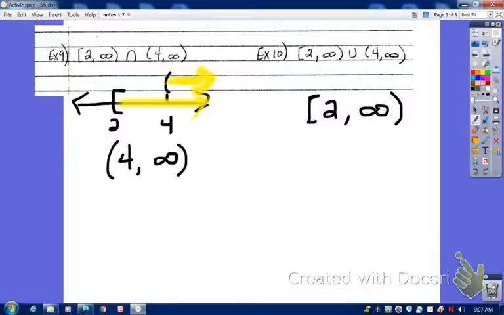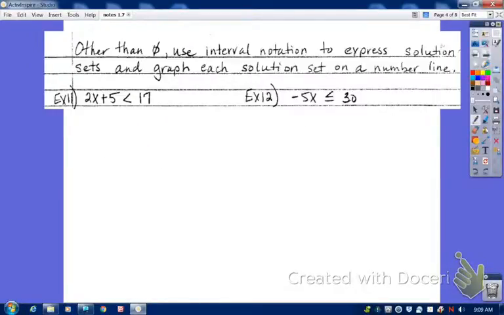Okay, on the back of your notes, this is where we're going to review solving less thans and greater thans, solving inequalities. This part I think you've done before. Who can remember what flips the inequality sign? What can you do in an equation that flips the inequality sign? Dividing by a negative number. Okay, so we might want to write down flip.